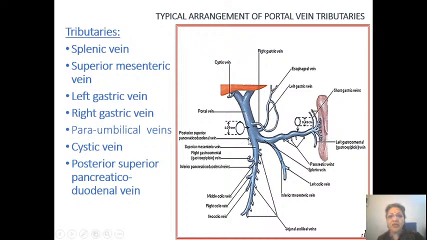Mostly it is a posterior superior pancreaticoduodenal vein, which can be considered a direct tributary to the commencement of the portal vein, though sometimes it is a tributary to the superior mesenteric. There are a few variations which become important clinically only if there is a problem in the drainage. Otherwise, this is a silent, very sophisticated, very efficient system which continuously deals with the food you eat and the entire circulating blood which goes through the spleen, and delivers both to the liver.